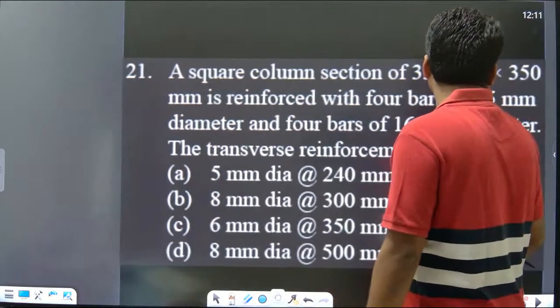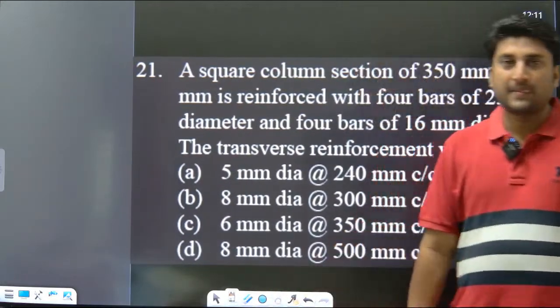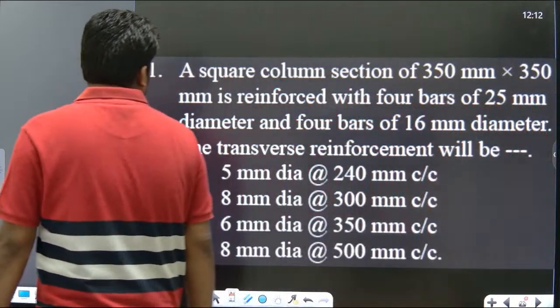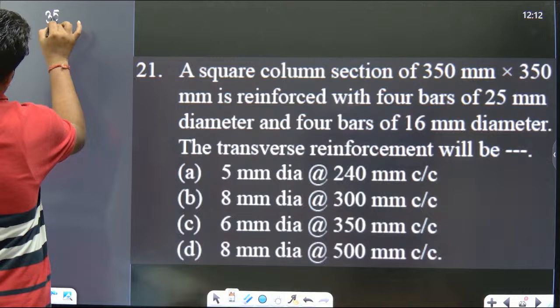Now moving ahead. Answer this question. A square column of section 350 mm into 350 mm.